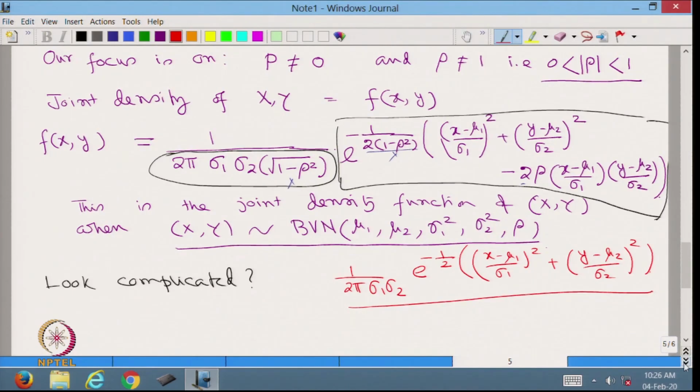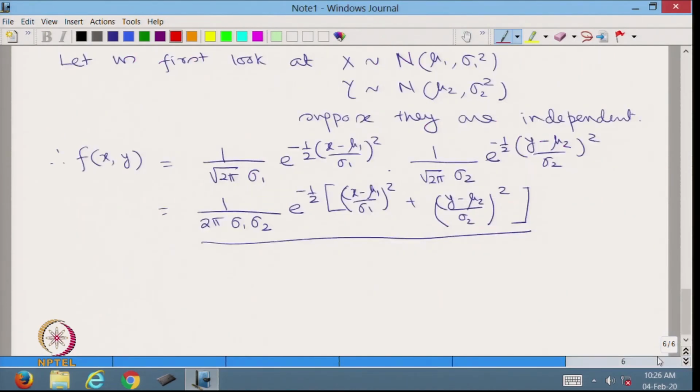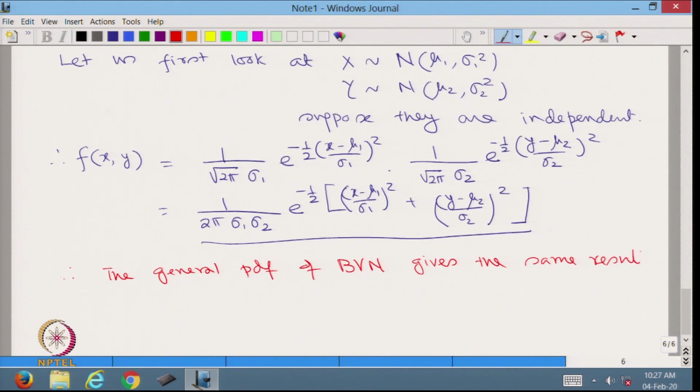Now, let us compare this with this. We find that they are identical. Therefore, the general PDF of bivariate normal gives the same result when x and y are independent.